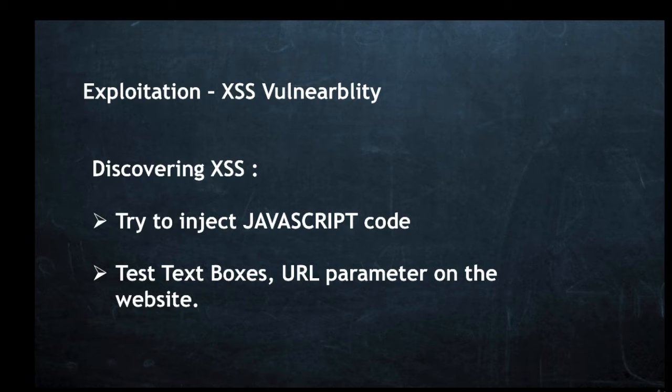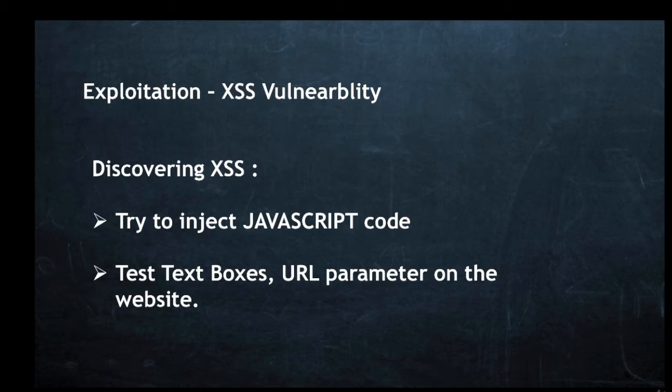So how do you exploit or find out an XSS vulnerability? If you are able to find any text box, any comment box, or any search box in any website, try to inject JavaScript code into those boxes.